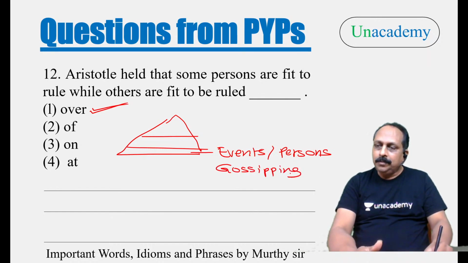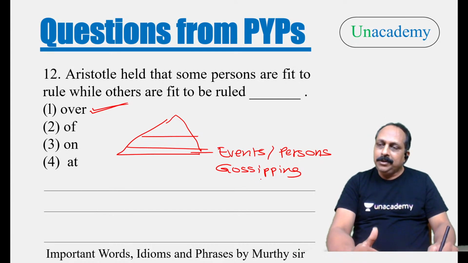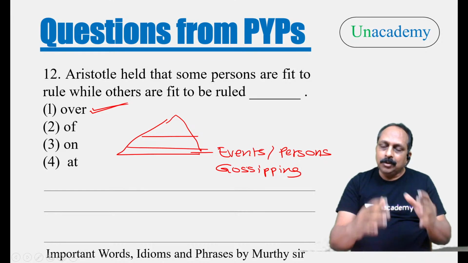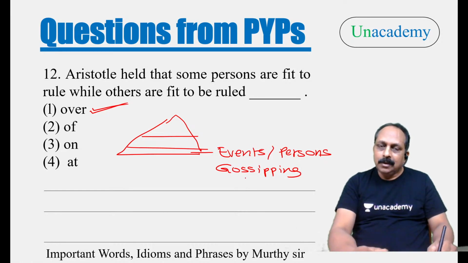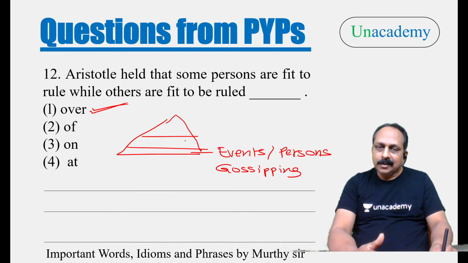Do you know the word gossiping? Three divisions. I'm going to give new information. Then you can respond. In any society, we have three groups. The bottom rung, common people, they talk about events, they talk about persons. It is nothing but gossiping.